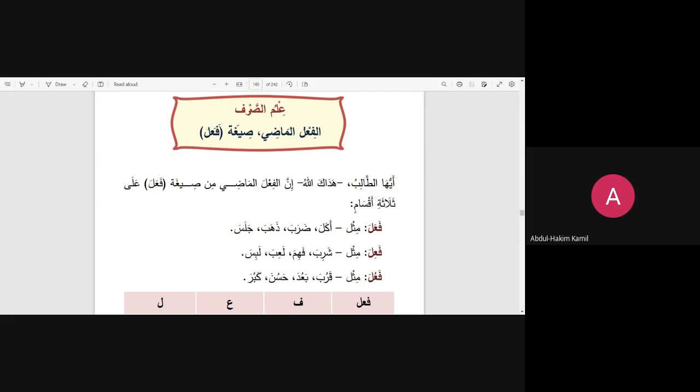The second one is fa'ila, with a kasra in the middle, like shariba, fahima, la'iba, labisa. And the last one is fa'ula, with a dhamma in the middle, like qaruba, to be close, ba'uda, to be far, hasuna, to be good, kabura, to be big. Are you all with me?